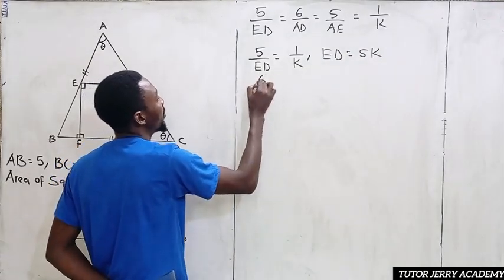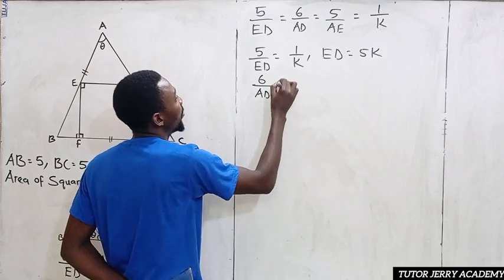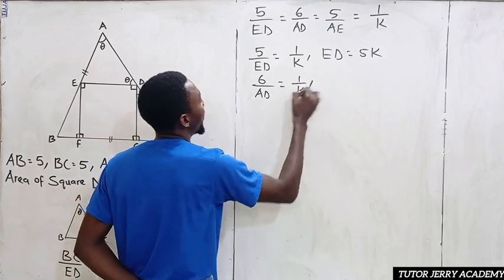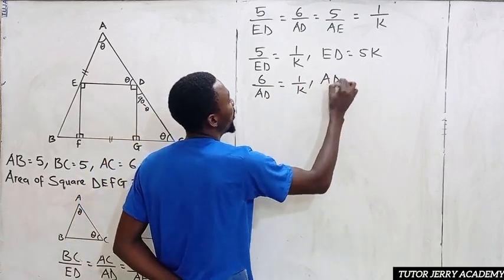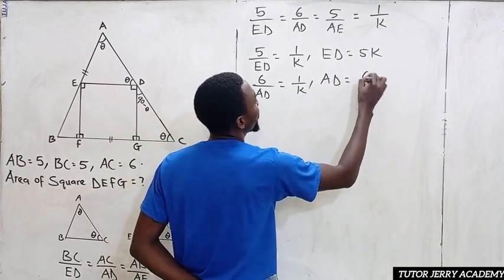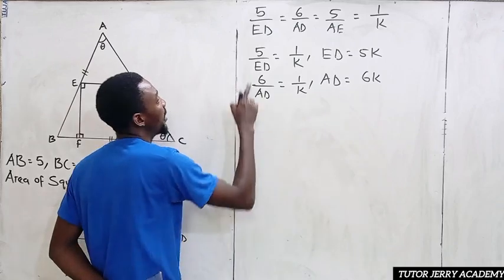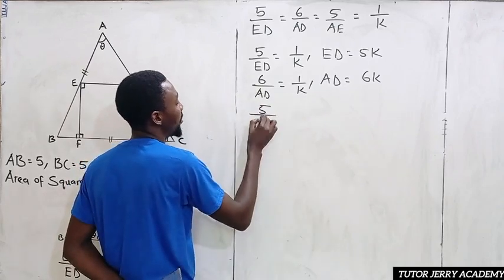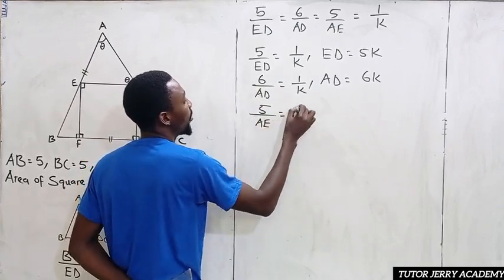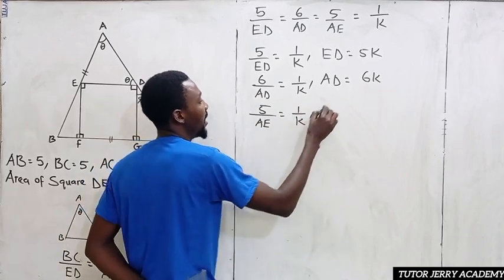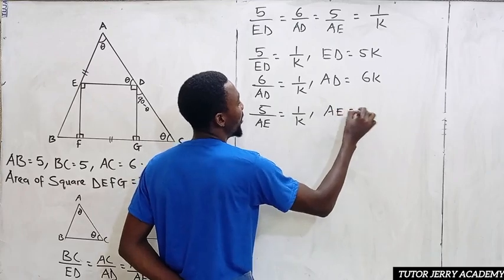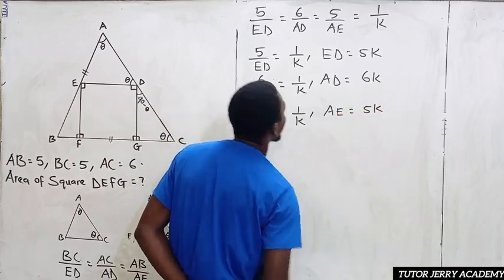Again, 6 over AD equals 1 over k, then AD equals 6k. Then again, 5 over AE equals 1 over k, then AE equals 5k.